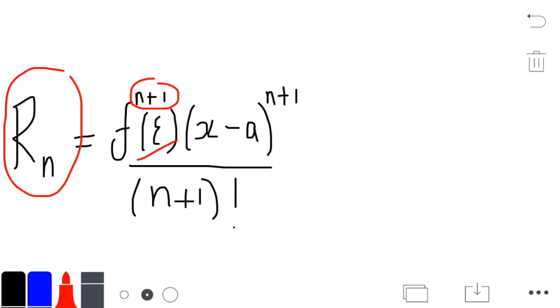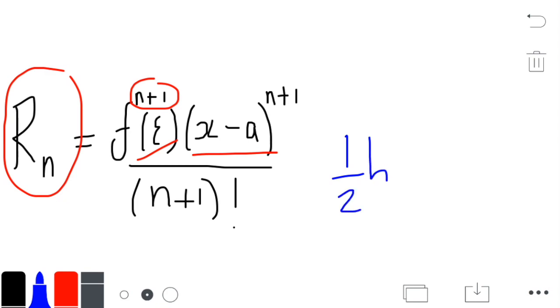So, despite this, we do know what our step size is, that is h or x minus a, and we know how Rn, our error term, scales with our step size. So if we have a zero order Taylor series approximation and we halve our step size, we know that our error term is going to scale linearly with our step size.